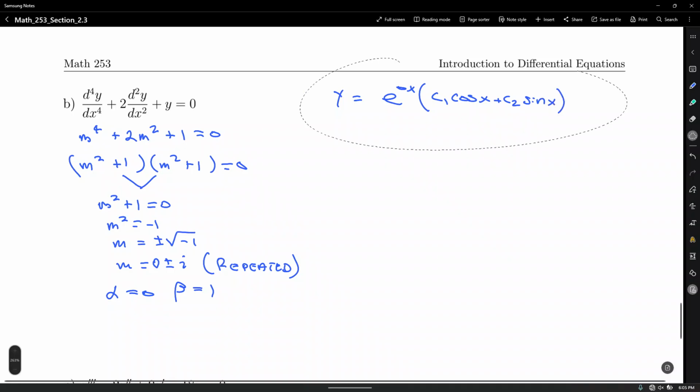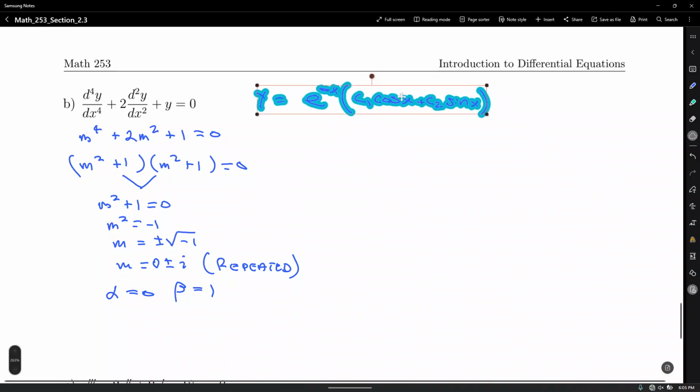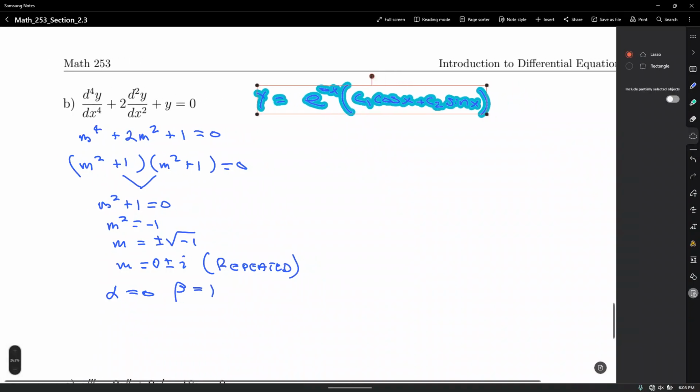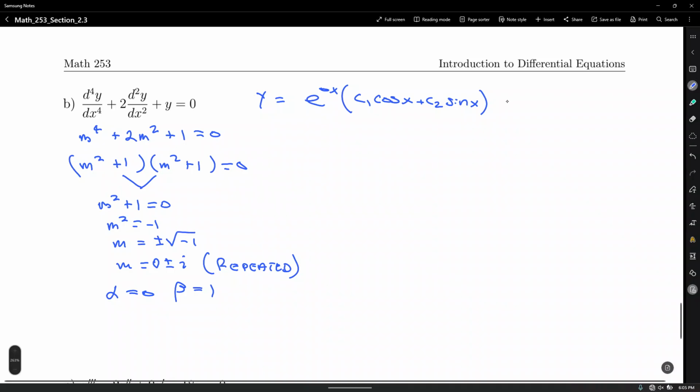I'm going to need more space in here. Plus, if I write another e to the 0x, c1 cosine x plus c2 sine x, I would need to multiply by a power of x because they are repeated, aren't they?